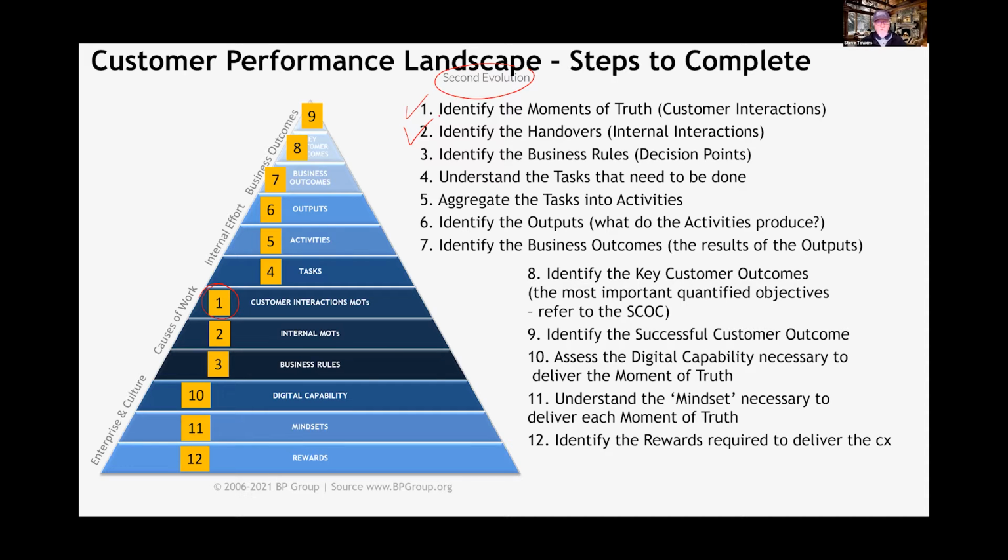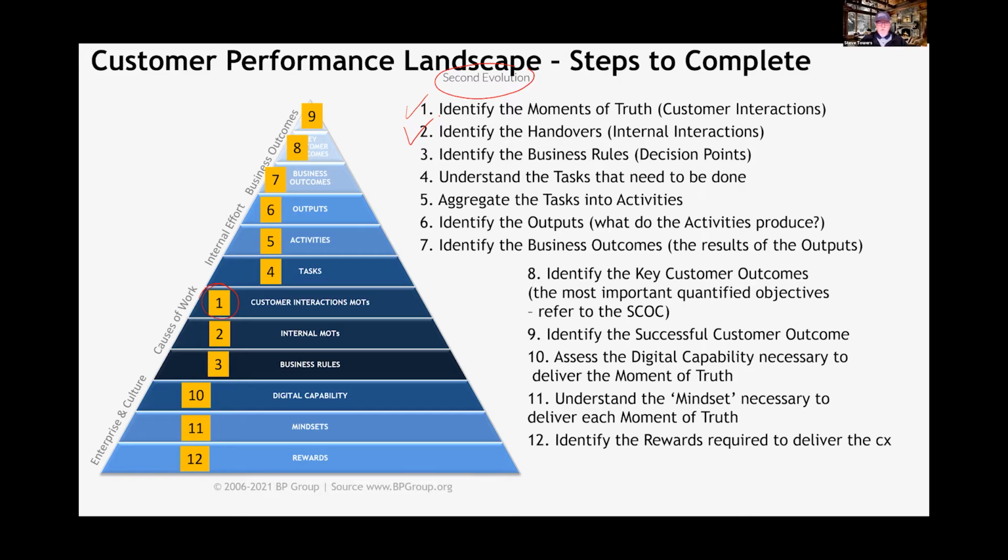Regulatory ones that we have to do because the people who run our industry, the government or the overseers, tell us that these are the regulations. So for instance, money laundering is a set of business rules which are to do with how we process the money that we receive. So it doesn't matter what type of organization we are, we all have to adhere to certain rules around money laundering today.